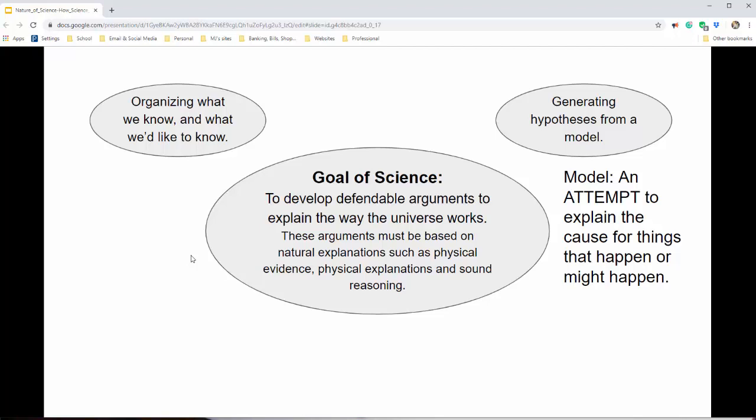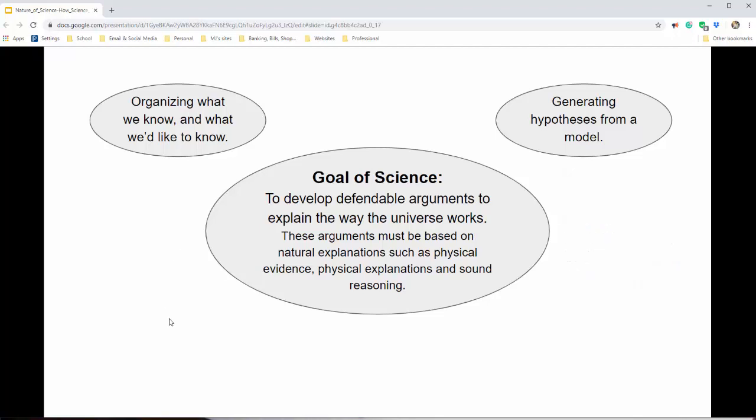All right? Model. So from that organizing step to generating hypotheses, we're going to have a model. To get from one to the other, we got to have a model. We don't write an hypothesis without thinking about, and in our minds at least, in the background, understand what causes it to happen. Okay? You don't write an hypothesis without a cause in mind. All right?